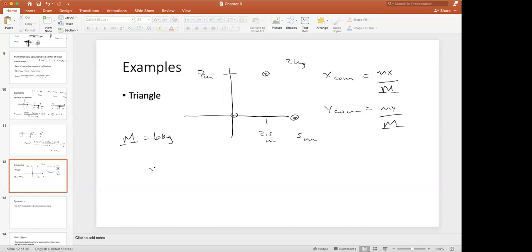We know that x1 is 0, right? Mass 1 is at 0. x2 is 2.5, and x3 is at 5. So we have that the x center of mass is 2 times 0, plus 2 times 2.5, plus 2 times 5, over 2 plus 2 plus 2, over 6. This is 0, this is 5, this is 10, right? Why does that look a little bit off?